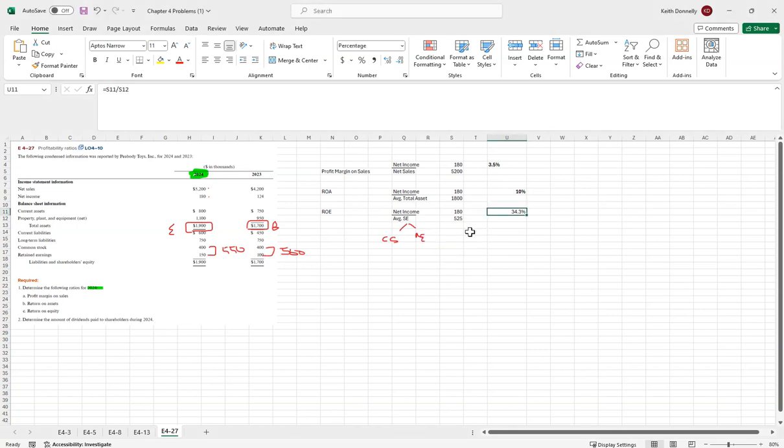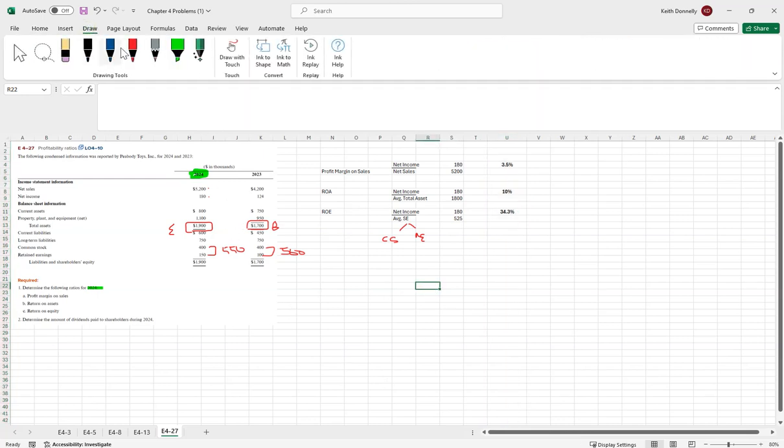We're looking at 34.3%. So our profit margin is 3.5%, our return on assets is 10%, and our return on equity is 34.3%.